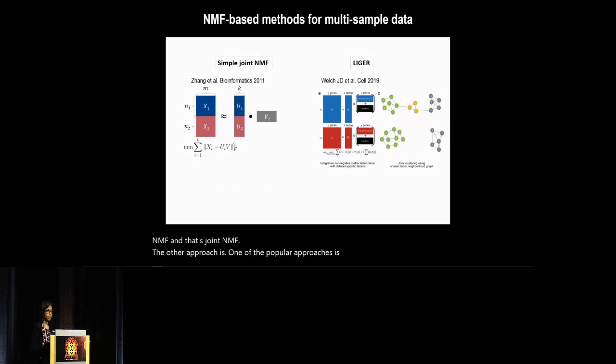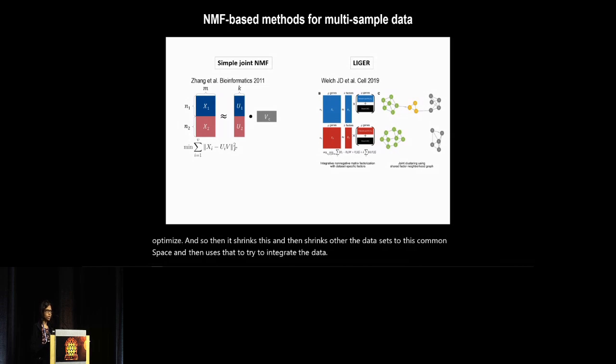That is a very nice approach. What it does is it gives you a per data set low dimensional representation, but also has an additional component, which is the shared low dimensional space that it tries to jointly optimize. And then it shrinks the data sets to this common space, and uses that to try to integrate the data.